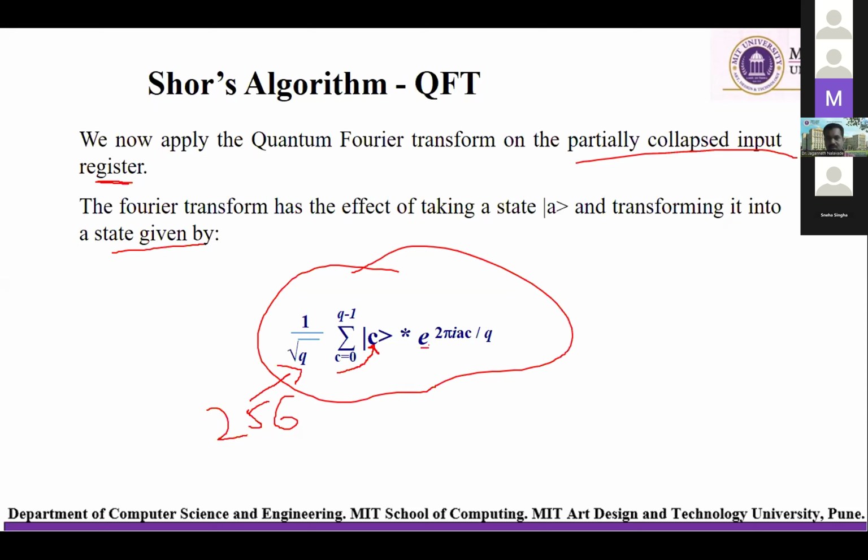This is e raised to 2πiac divided by Q. So this is the transformation value. The Fourier transformation will use this particular formula.